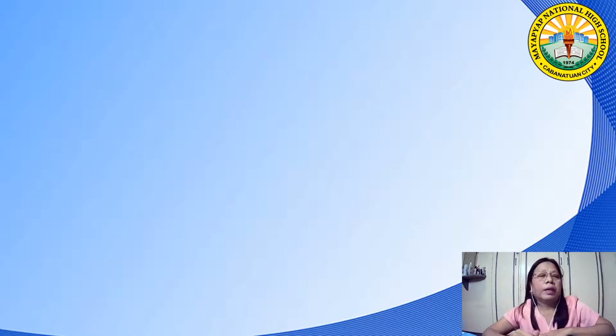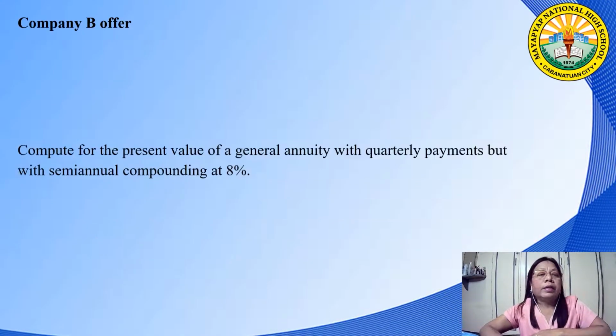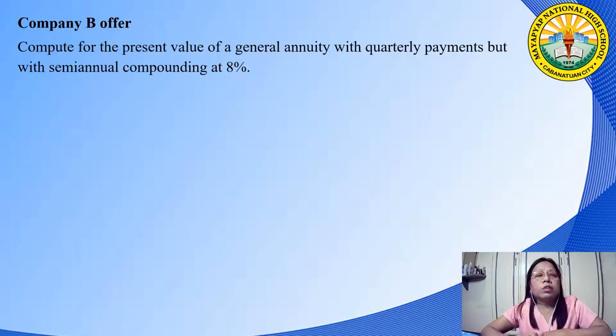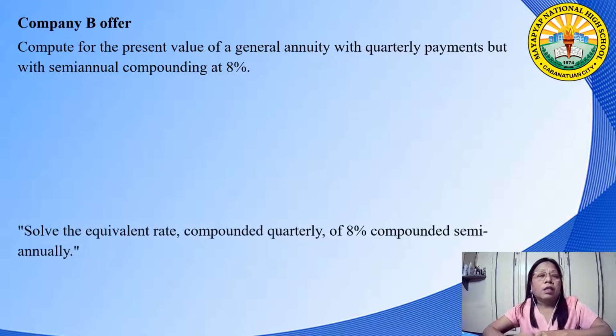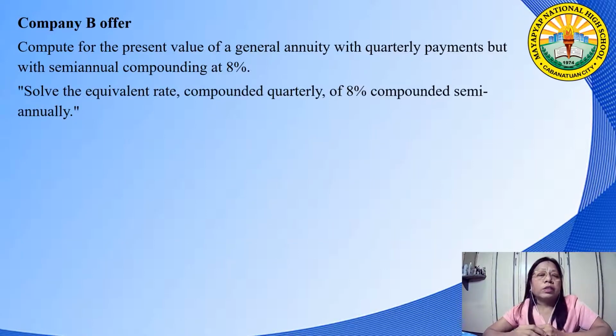And for the company B offer, you also compute for the present value of a general annuity with quarterly payments but with semi-annual compounding at 8%. So you solve first the equivalent rate compounded quarterly of 8% compounded semi-annually.